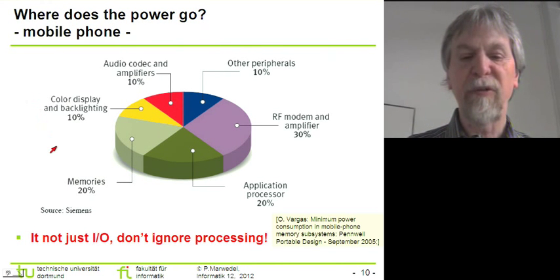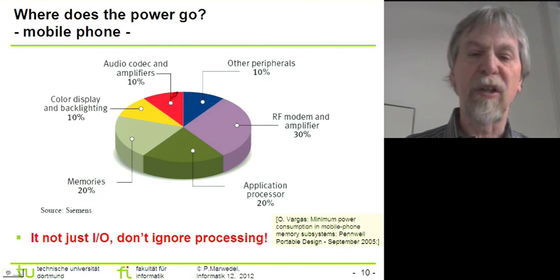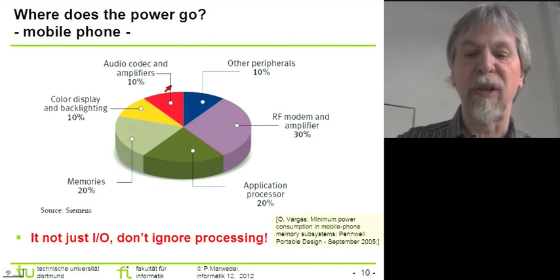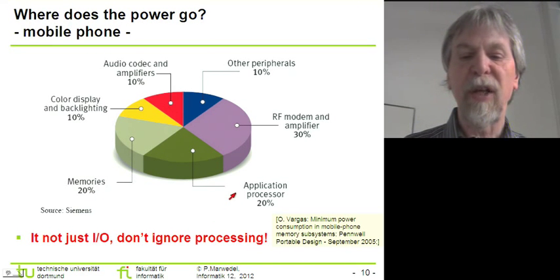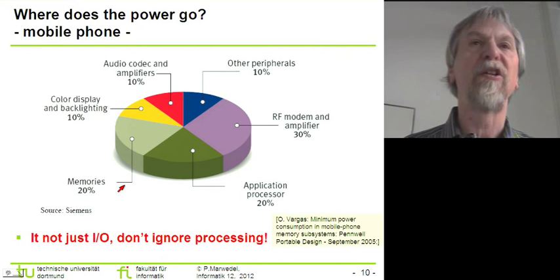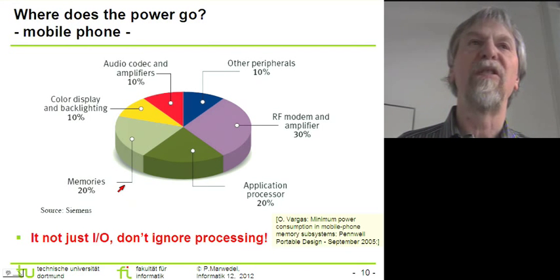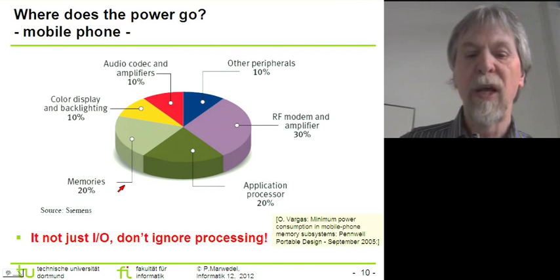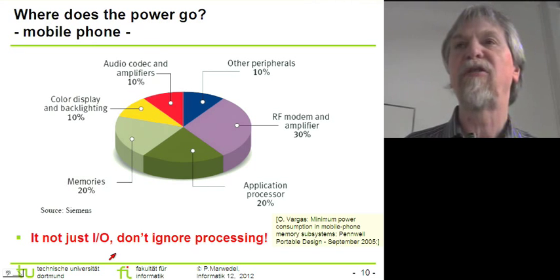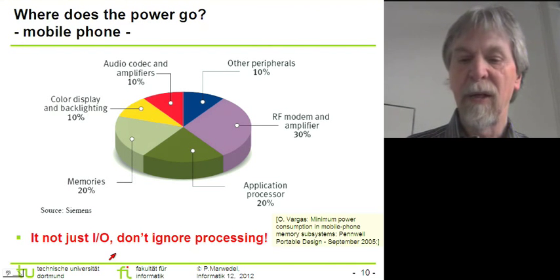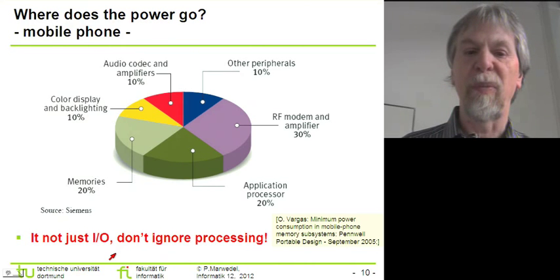However, as you can see from this pie chart, the RF part and the audio part are consuming a significant part of the energy. However, the application processor in combination with the memories also has its share in the overall energy consumption. So that means it's not just I/O which is consuming the energy, it's also the processing. And we do have to care about the processing as well.